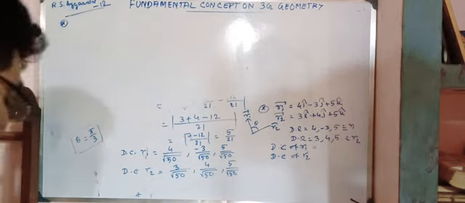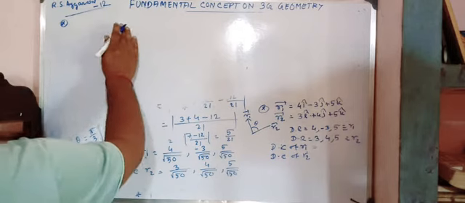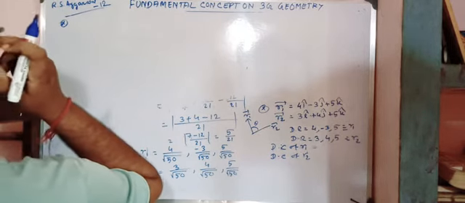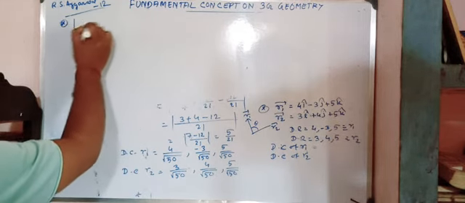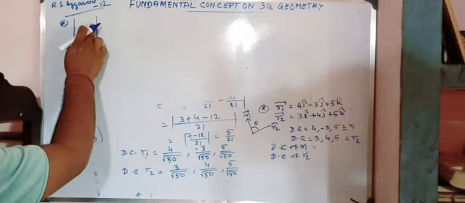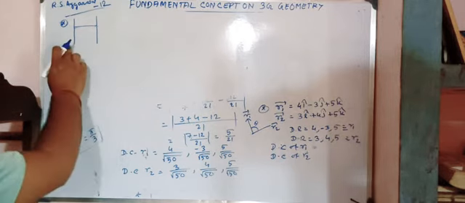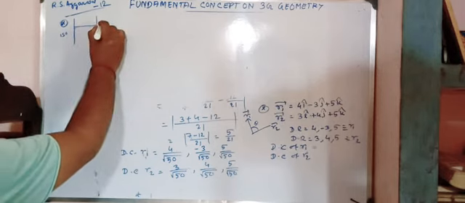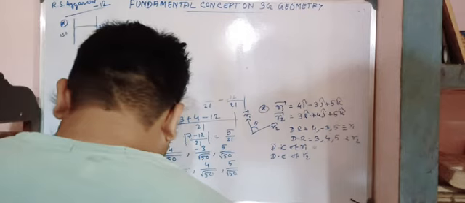So we have to find a line which is perpendicular to both of the lines. The picture should be like this, with the line perpendicular to both. This is the first line and this is the second. The direction cosine of the first line is given here.